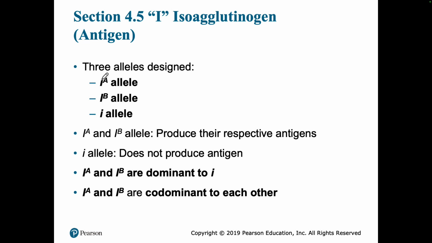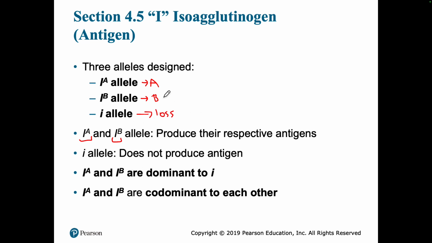So the alleles are called IA, IB, and little i. So little i is the loss of function. So A and B make their respective antigens. So the IA gene makes the A antigen, the IB allele makes the B antigen. The little i is a loss of function.